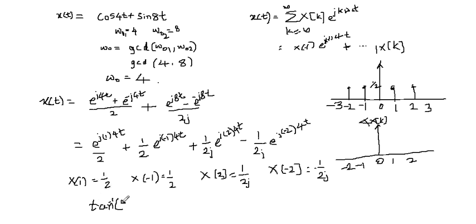Y is 0 here, so 0 divided by 1 by 2 we are getting, which is equal to 0. So only real terms are there, for x of 1 and x of minus 1, so there is no angle here.